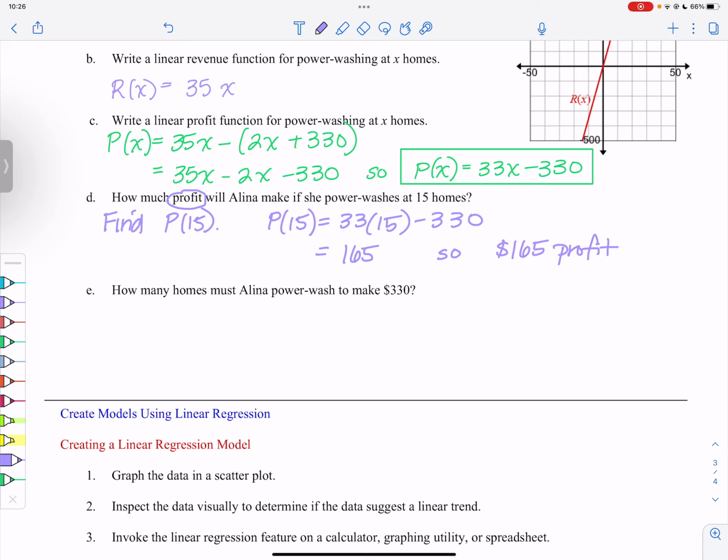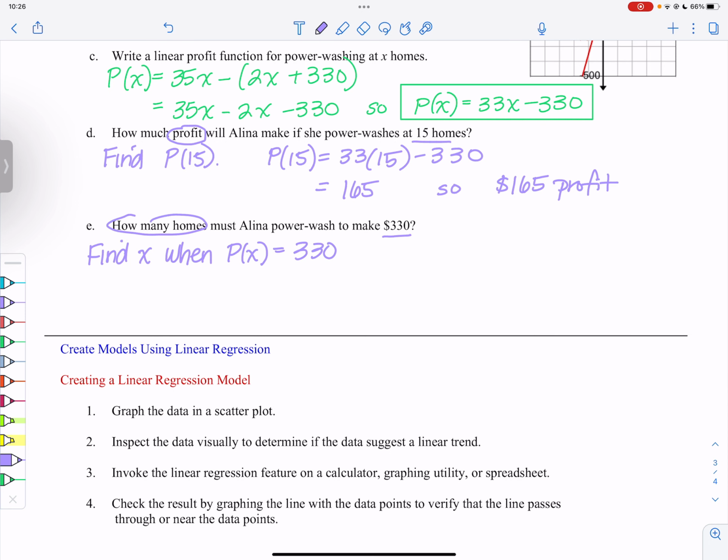Now we need to see how many homes must Alina power wash to make $330. So now we want to find x when P of x is equal to $330. So using this equation right here, P of x is $330, and we need to solve for x. So what are we going to do?